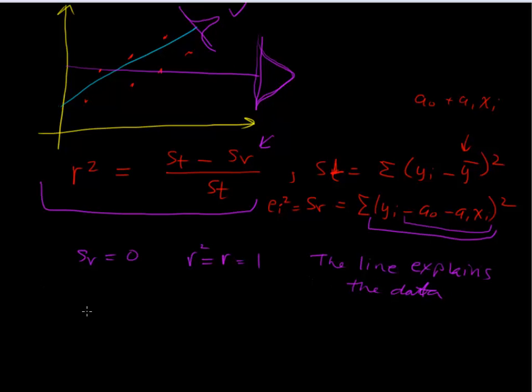If ST is equal to SR, then R squared is equal to 0. And this basically says that the line explains nothing.